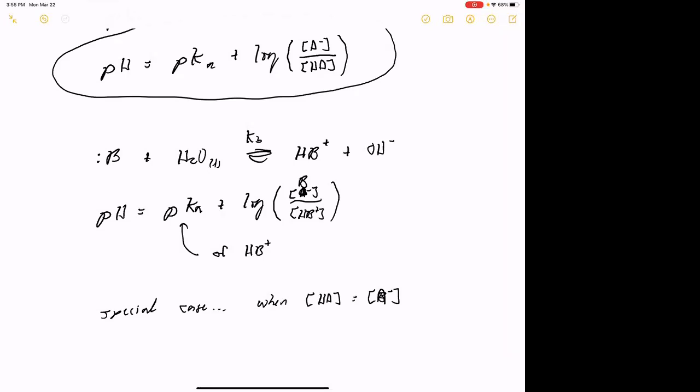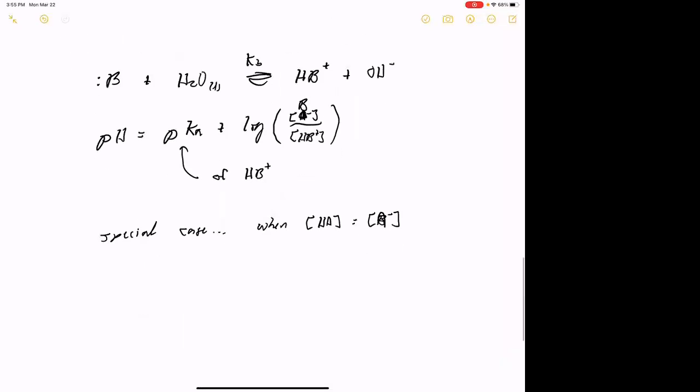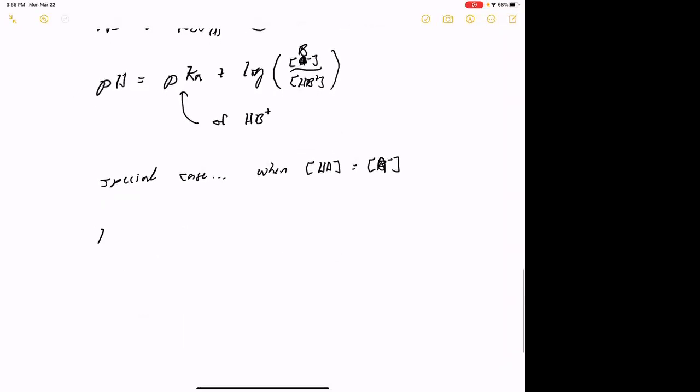Now, take a look at what happens when I plug the same numbers into Henderson-Hasselbalch. We could do it for our original question. We can say that pH is equal to pKa plus the log of 0.5 molar over 0.5 molar. That was our example we did.